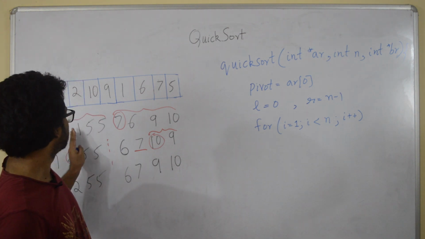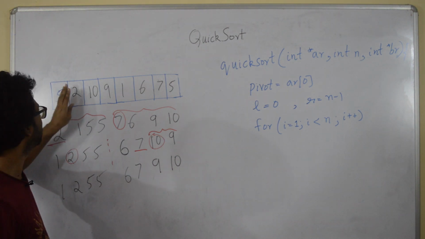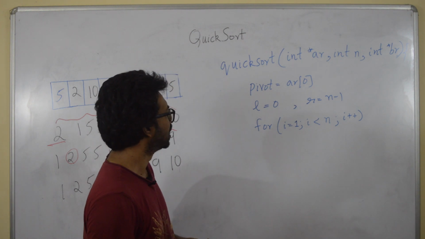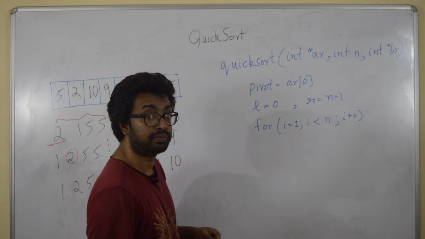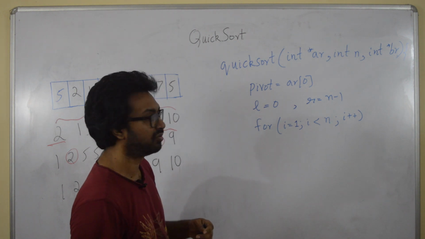I'm going to start from the next element, because I'm not going to look at the pivot element. And what is it I do? I am going to do the following.